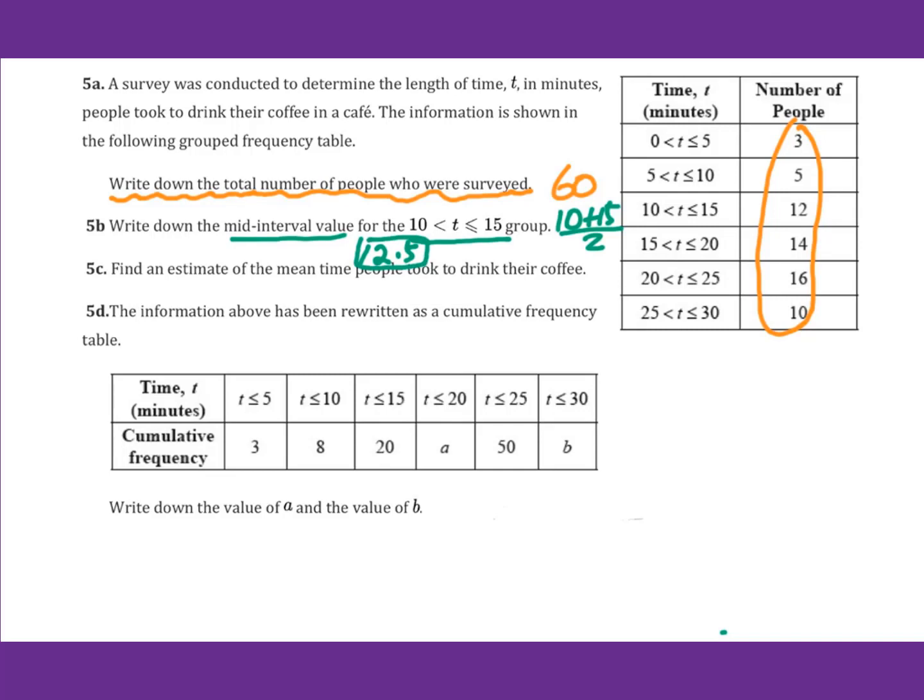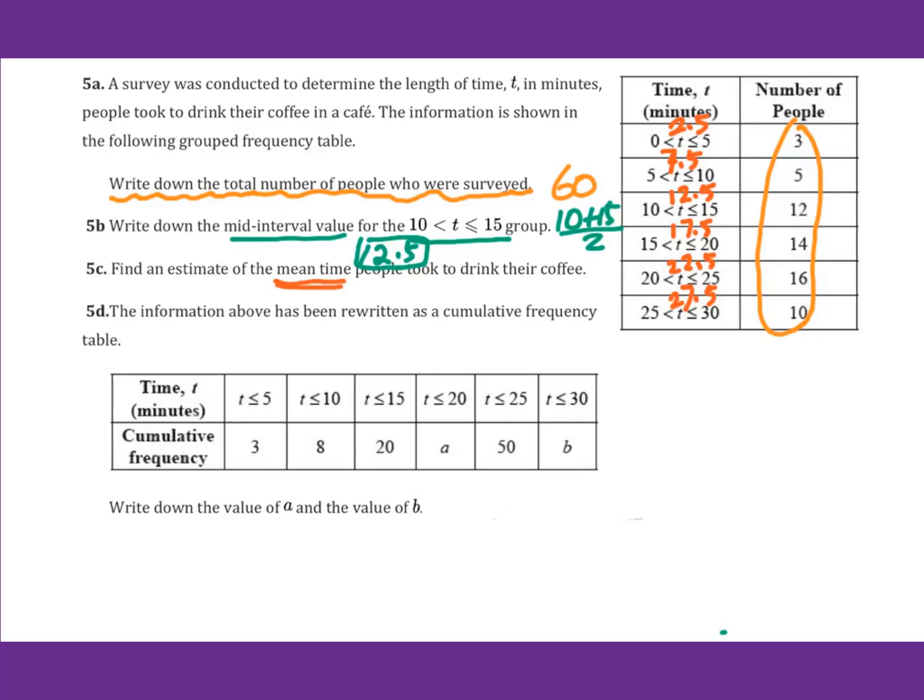For 5C, find an estimate of the mean time people took to drink their coffee. Mean time, we are looking for the mean. We need to figure out the middle point for each interval. 2.5, 7.5, 12.5, 17.5, 22.5, 27.5.